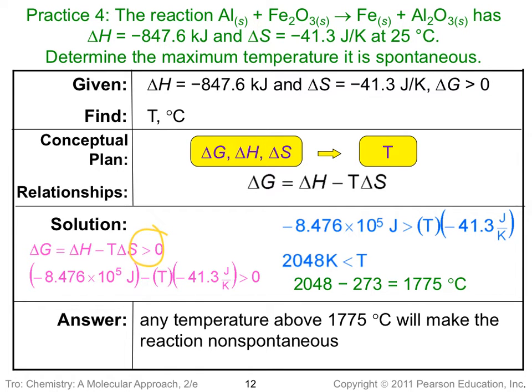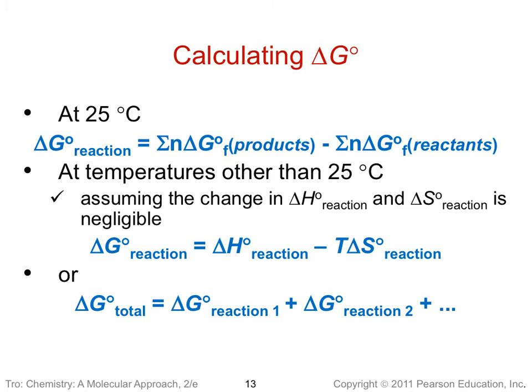You really are just saying, where is it 0, and then any temperature above is what we're going to solve for. And so again, we solved right here at 1775 degrees C.